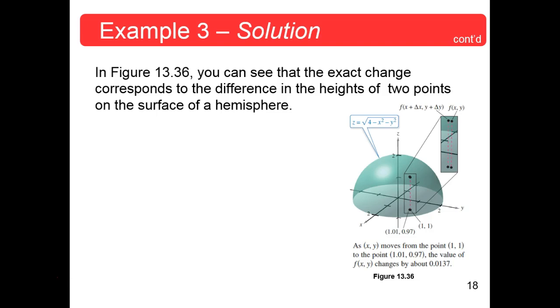This is nowhere close to an easy figure to look at, okay? So the first point is 1, 1. So it's somewhere in there, okay? And the next point is 1.01, which is slightly past that, and 0.97, which is slightly to the left of that one. And this is where you see them better. This is 1, 1, and this is 1.01, 0.97.